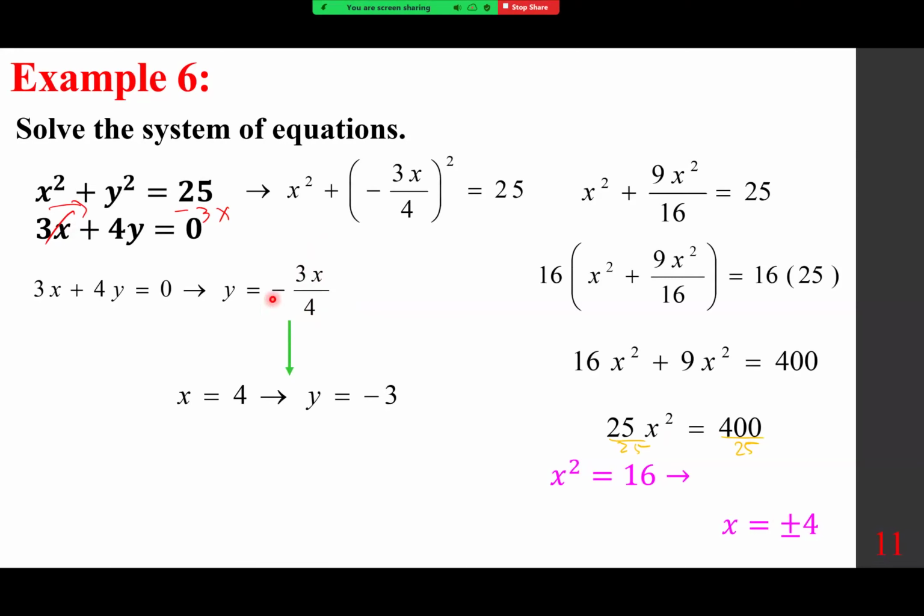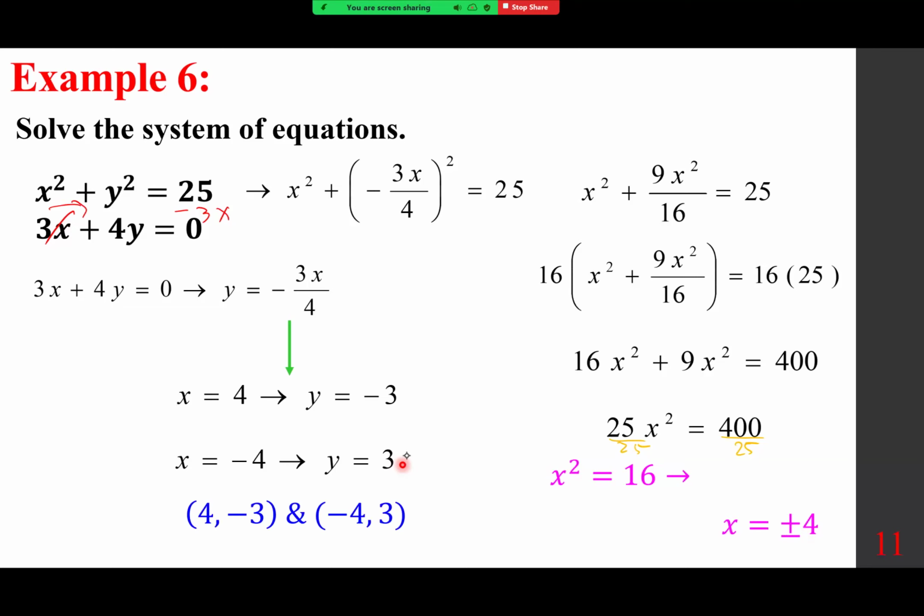If I put -4, cancels out the 4 and gives me -1 times -3, it gives me +3. So we have 2 possibilities for x that creates 2 solutions. Either +4 goes with -3 or -4 goes with +3. There are 2 sets of solutions.